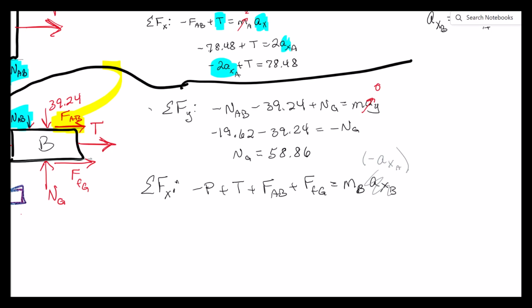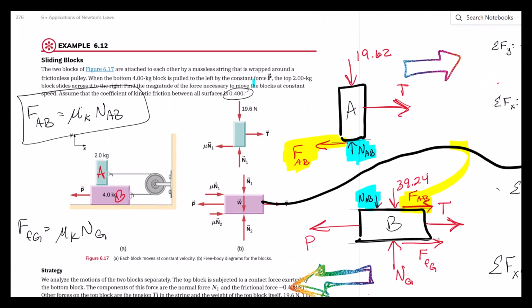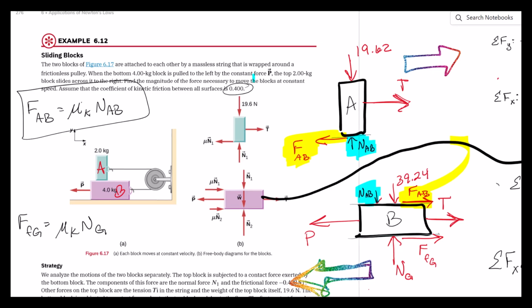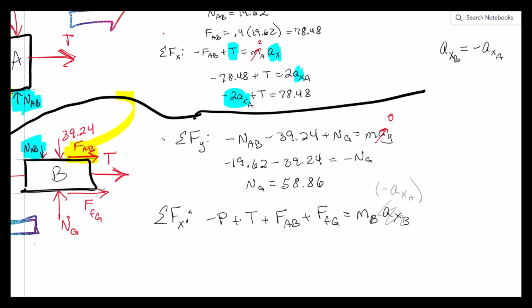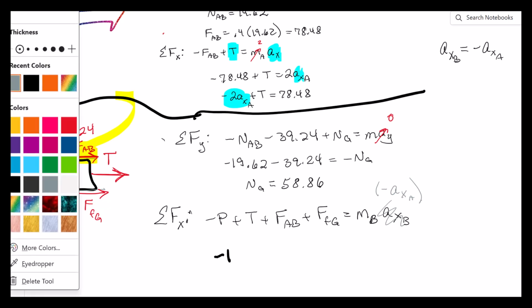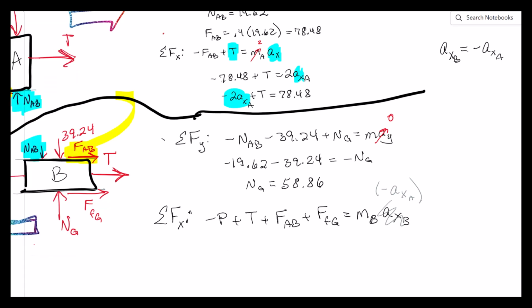Okay, so P is the thing we don't know, or do we know what P is? It's pulled to the left by P. So pulled to the left by P plus tension plus F_AB, which I already found somewhere was 78.48, plus F_FG, which is going to be 0.4, because that's the coefficient of static friction, right?